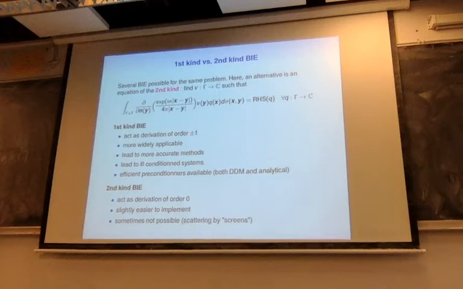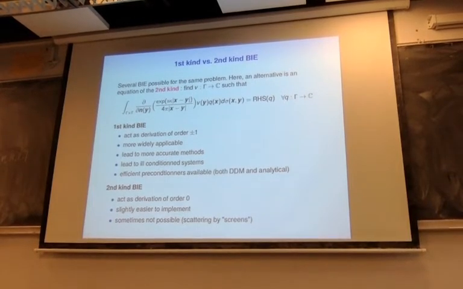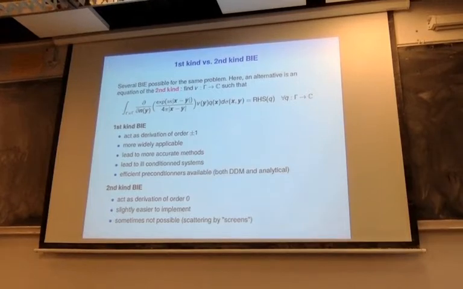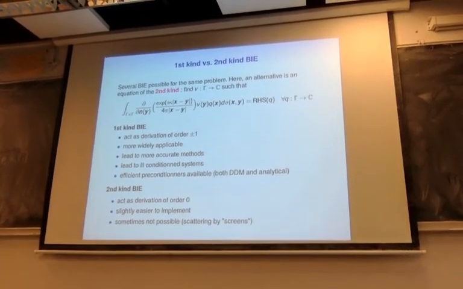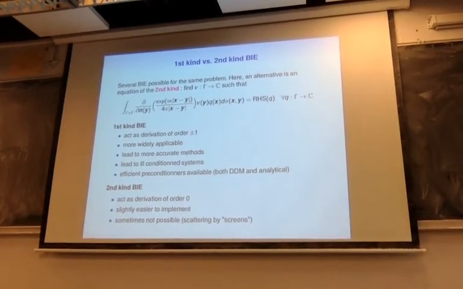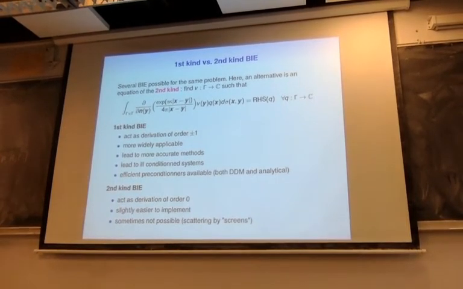On the other hand, second kind integral operators act as derivation of order 0. So for example, the Hilbert transform, maybe you know about this operator, is a kind of integral operator of second kind. It's slightly easier to implement because, maybe it's not very obvious, but the kernel is smoother than in the formulation of first kind.